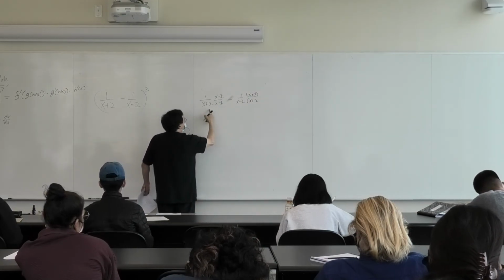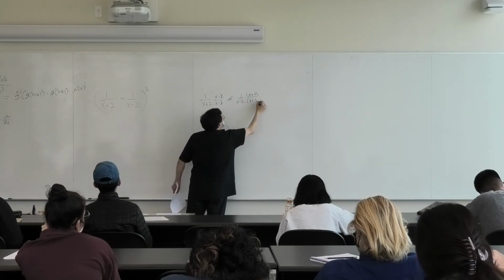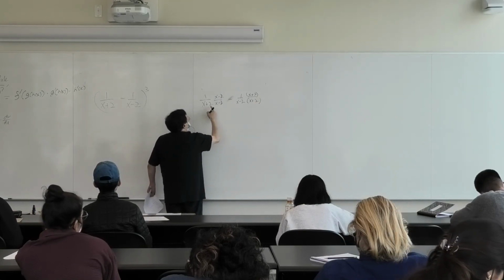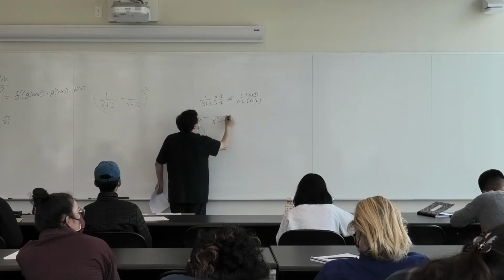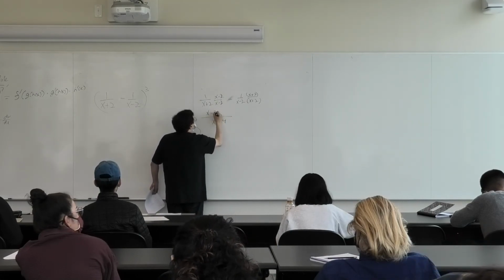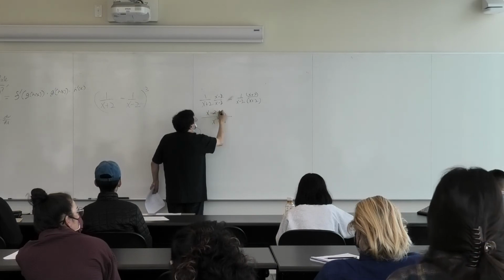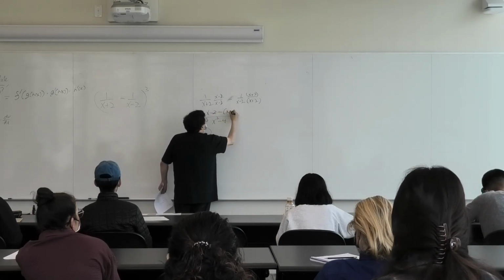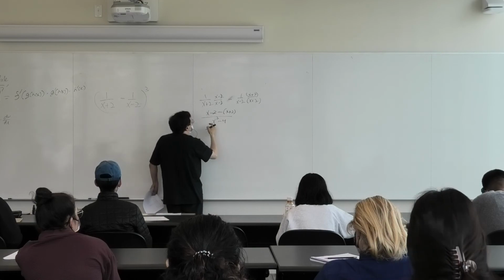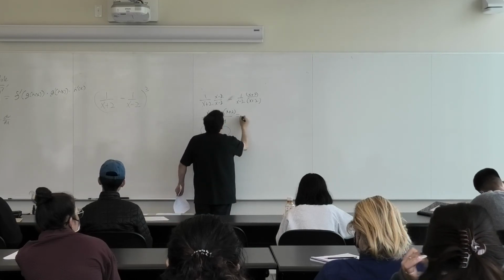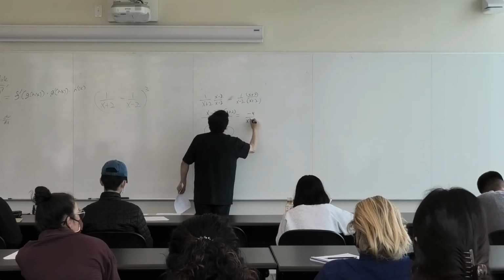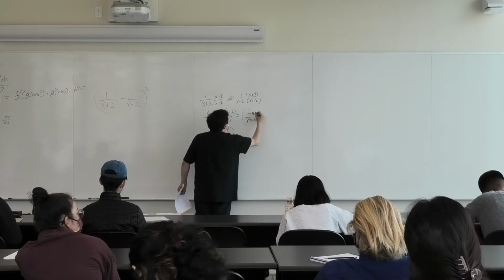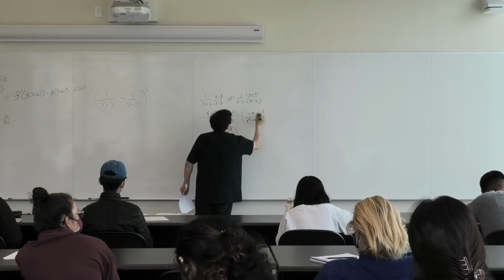So down below, I've got x plus 2 times x minus 2 is x squared minus 4. I have x minus 2 minus x plus 2. So I'm going to end up with minus 4 over x squared minus 4, cubed.